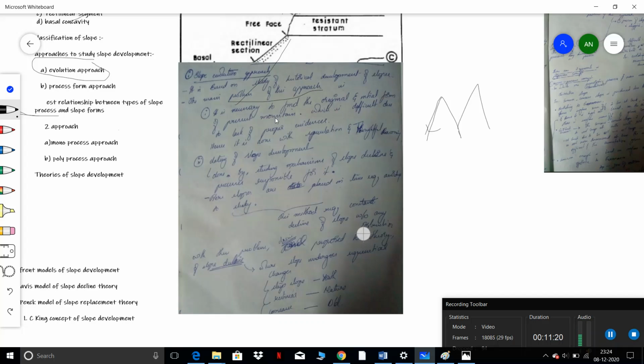Due to lack of evidence we have to go with speculation, but with proper reason. Later, dating of the slope development.